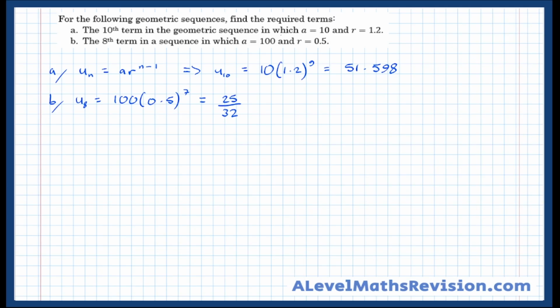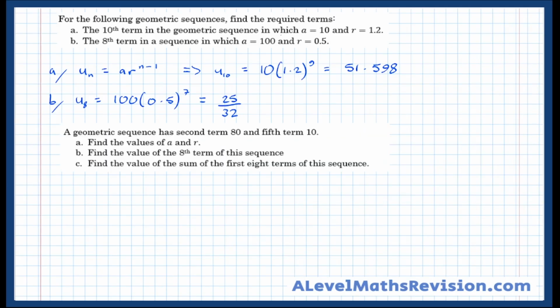Let's make it a little bit more complicated now. So this second example says a geometric sequence has second term 80 and fifth term 10. Now the strategy before we read any further is to write both of these mathematical facts down in mathematical notation.